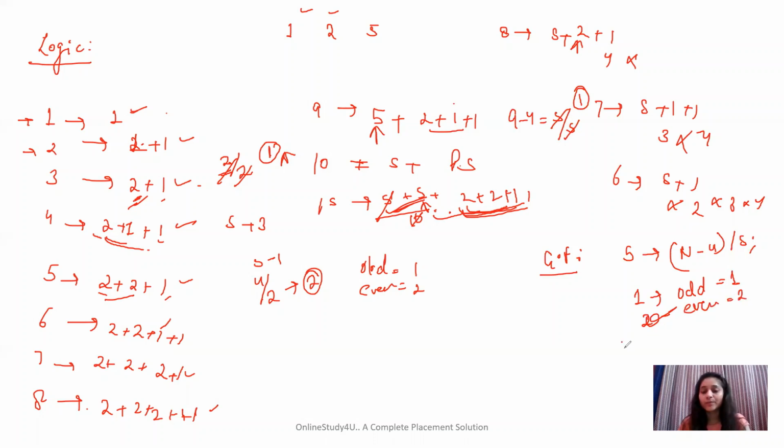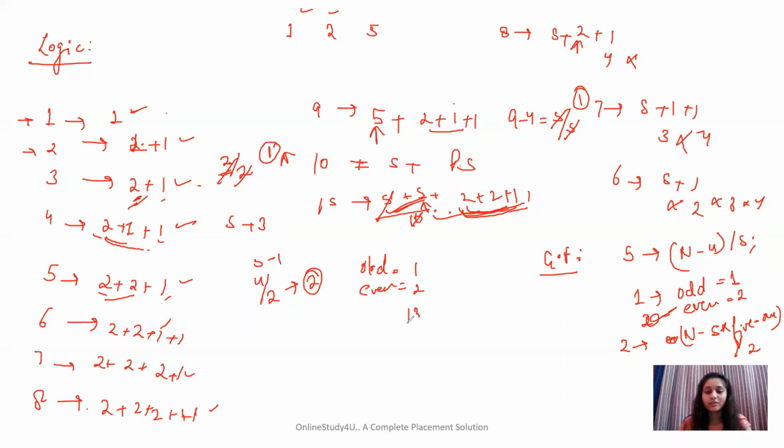Now for 2, what we observe is that whatever the number is, after subtracting 5 times the number of 5 rupee coins we get, and minus the number of 1 rupee coins we have, divided by 2 will be my answer. So let's check this formula on any number.